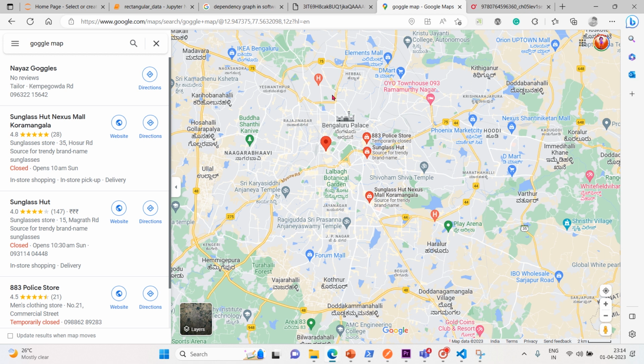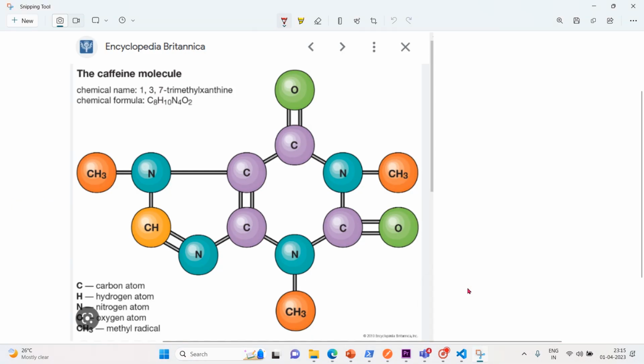Then we have molecular structures in chemistry or biology. Let me show you that. Yep, this is a caffeine molecule. I hope everybody drinks caffeine, or the intake is very high these days. So what is caffeine? The chemical name is 1,3,7-trimethylxanthine.